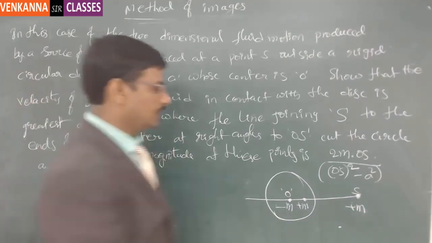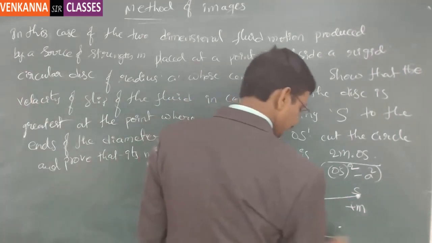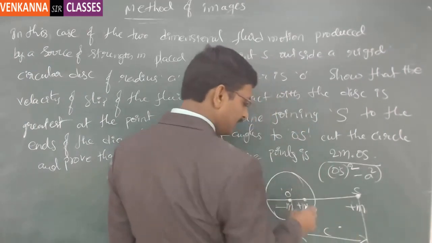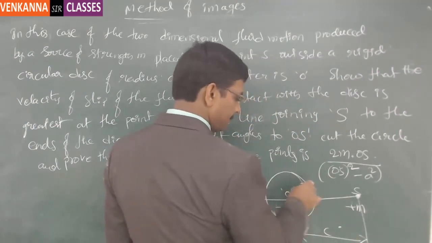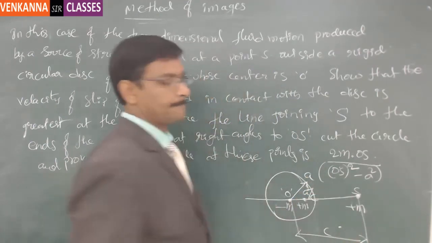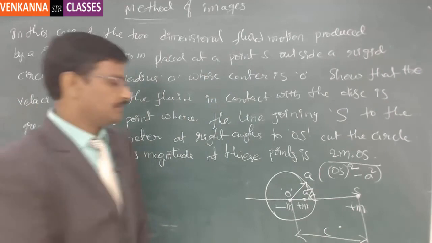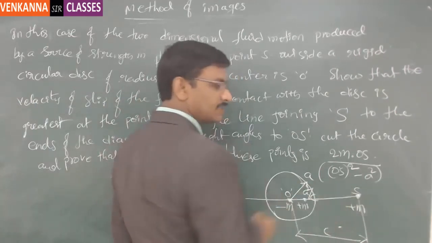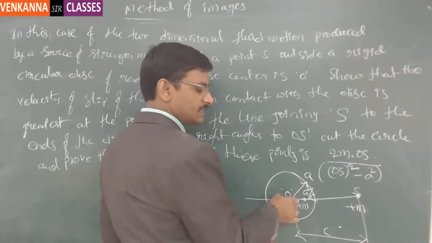Let us say this distance is c. If this is c, and the radius is a, then this location will be a square by c from the origin. This is at a distance of c from the origin. This is at the origin.